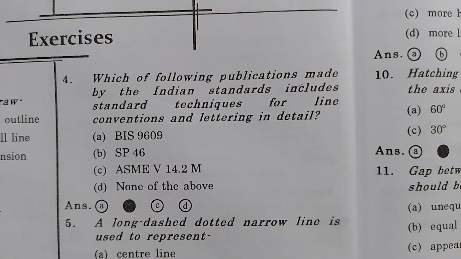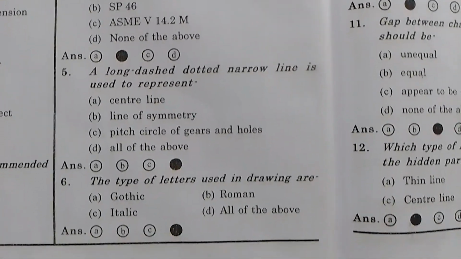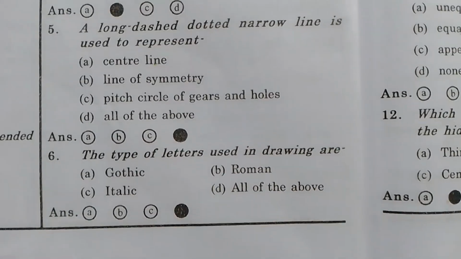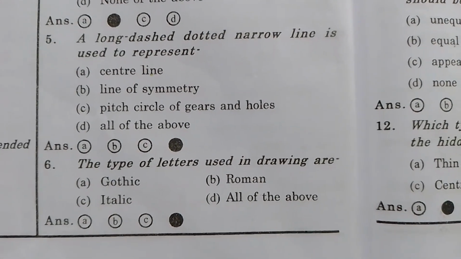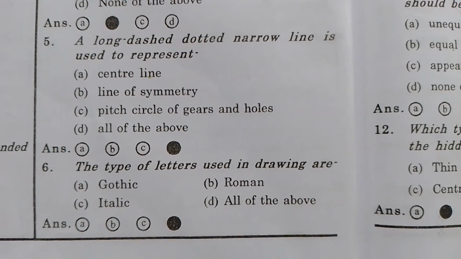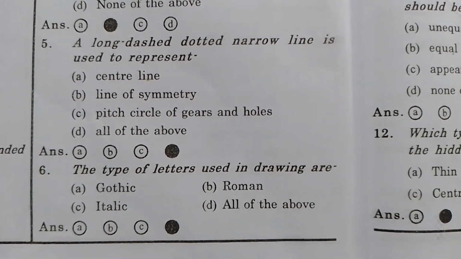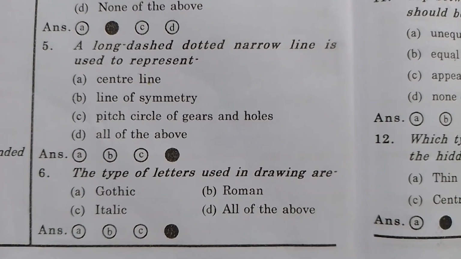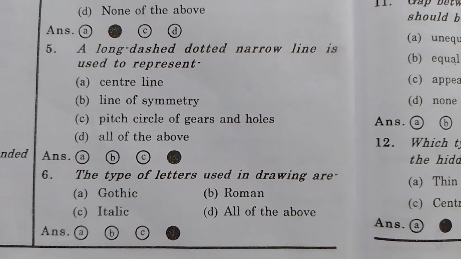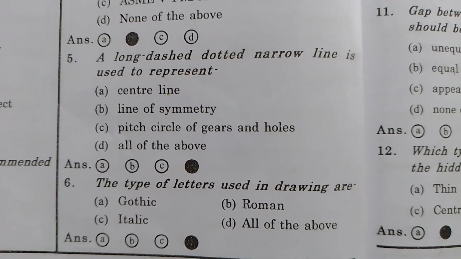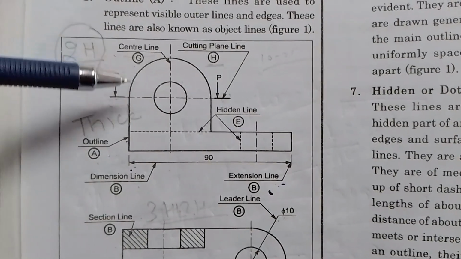Question number 5. A long dash dotted narrow line is used to represent: a center line, line of symmetry, pitch circle of gear and holes, all of the above. So we have already discussed. A long dashed dotted narrow line is a center line, line of symmetry, pitch lines. This is our center line.